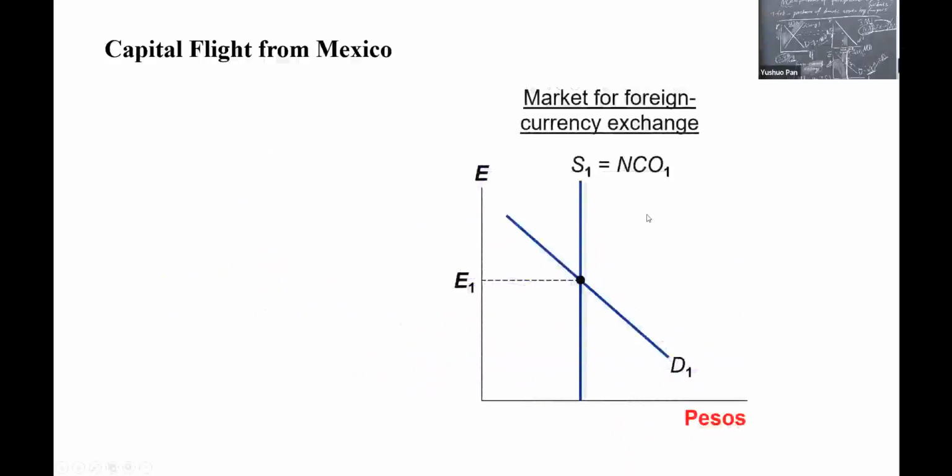And the market for foreign currency exchange, and again, since from the previous two graphs, that's Mexico, this one is not dollars anymore, it's pesos. And this is outside of Mexico. The foreign currency exchange market outside of Mexico.